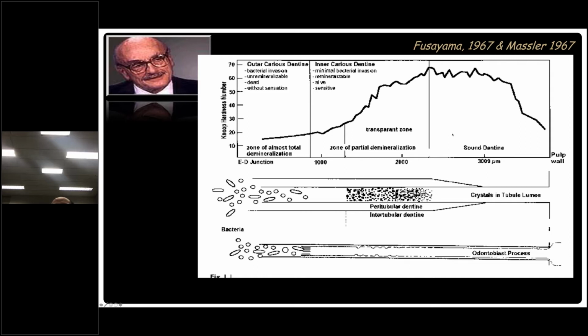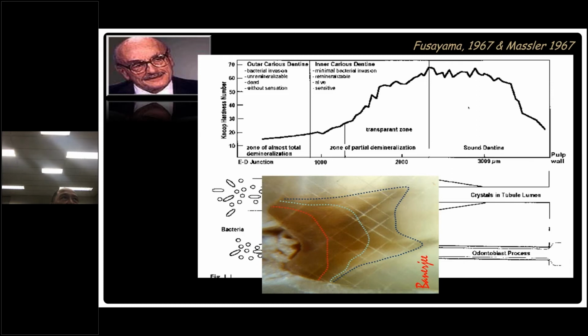With Fusayama and Massler, what they said was this: carious dentin is divided into two zones, the infected zone and the affected zone. And the principle behind all this is you remove the infected zone, you leave the affected zone for remineralization. I tell you, that concept is good in theory. However, in the clinic, it's almost impossible to determine when you have finished removing the infected zone.